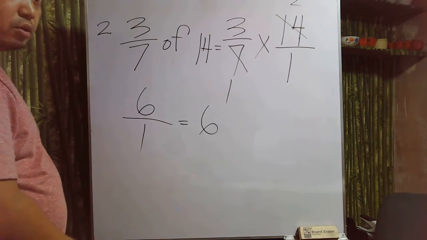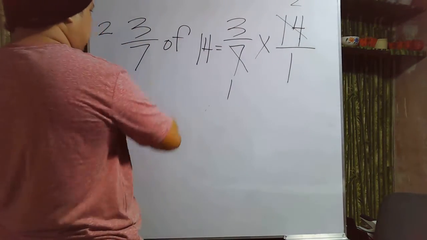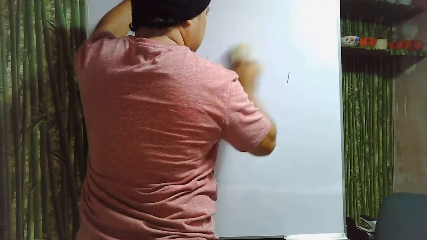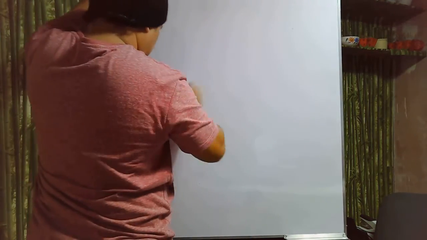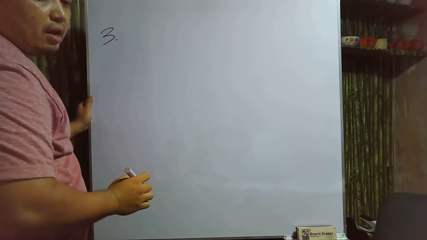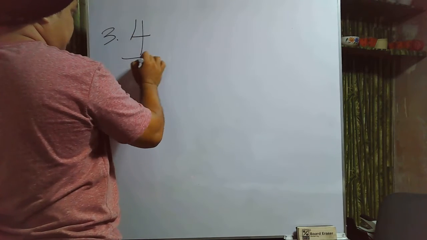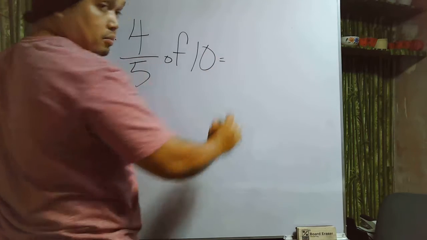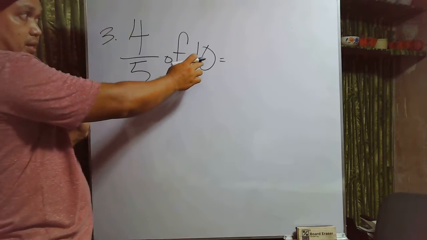Let's answer number 3. We have 4/5 of 10. The same process: just multiply them by its fraction form.